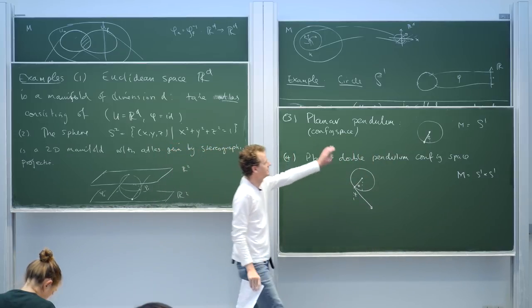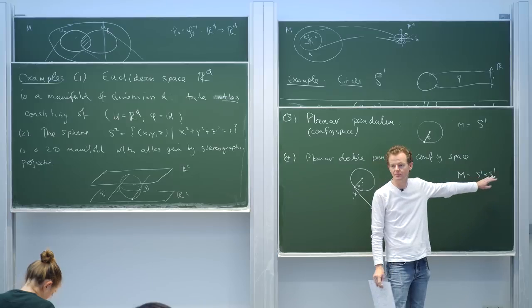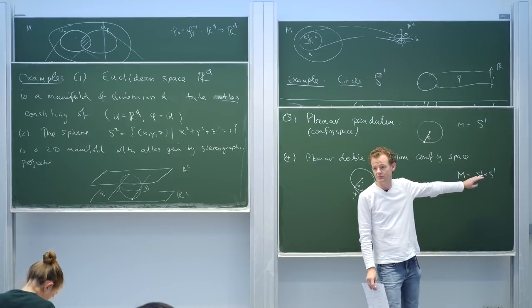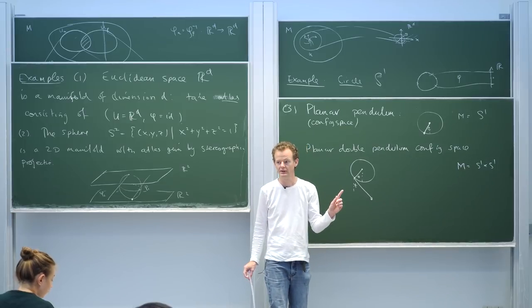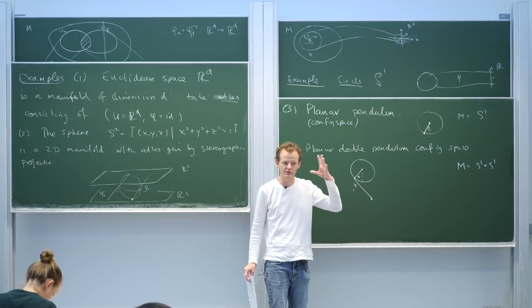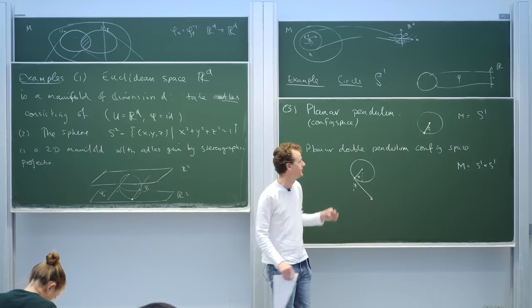I haven't proved that this is an infinitely differentiable manifold. That's an exercise for you. But once you see the sphere and the circle, then you can start to imagine, I hope, how those arguments work.